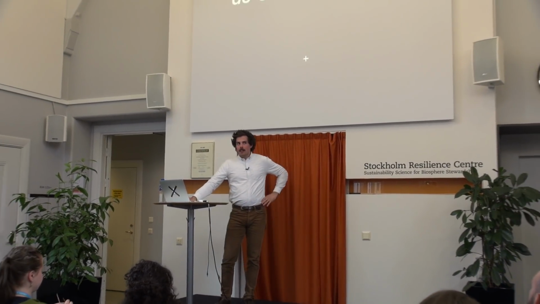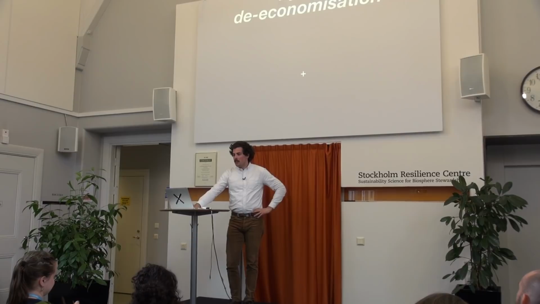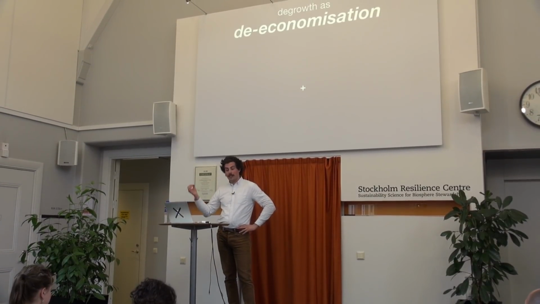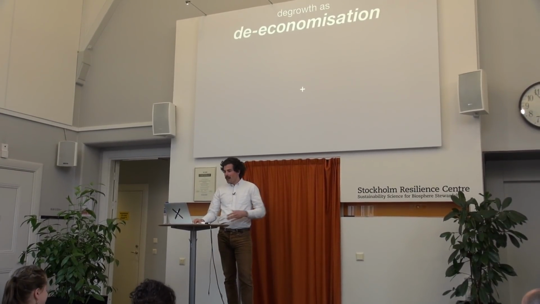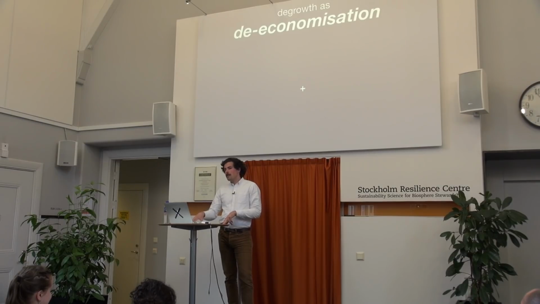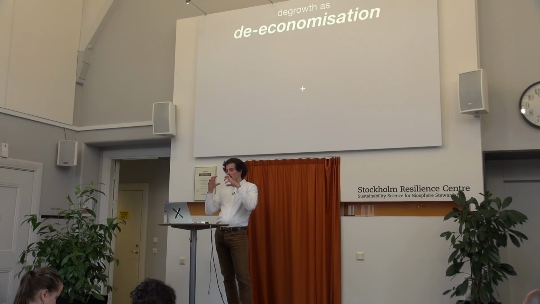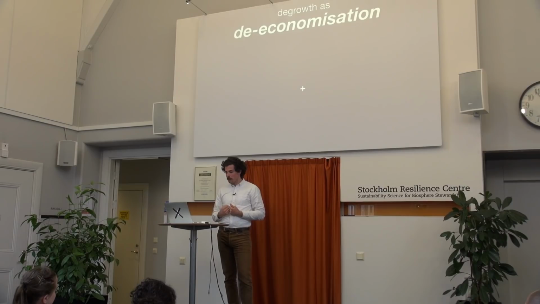To understand what de-economization is, you see that degrowth is a response to a historical anomaly, namely the disproportionate rise in importance of the economy in comparison to its surrounding social and ecological supporting system.